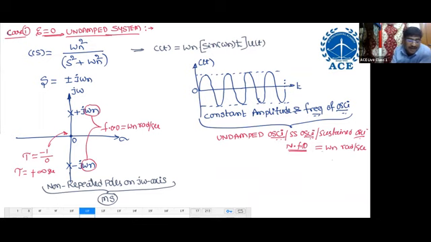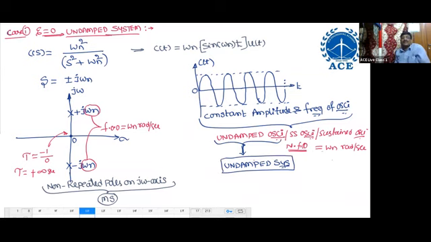Because it is giving undamped oscillations, the system is called an undamped system. The name of the system is selected based on its nature.